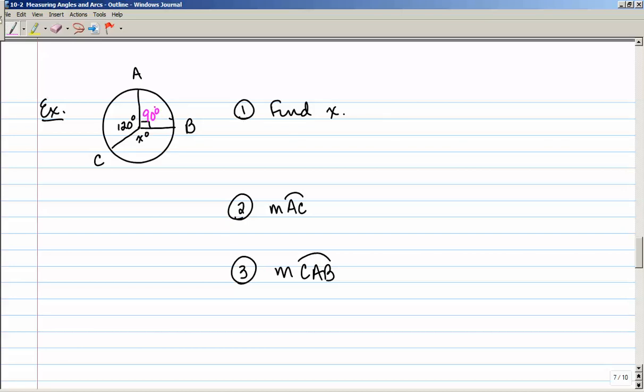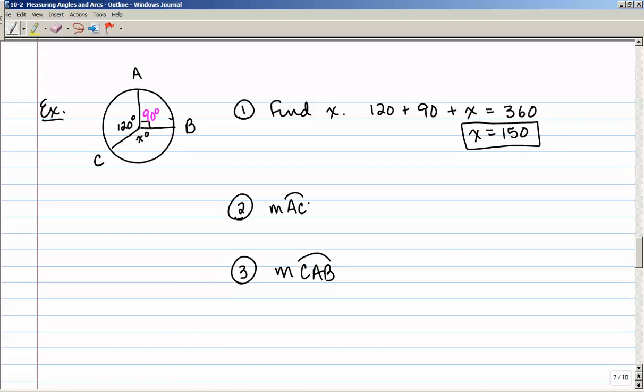So 120 plus 90 plus X, and all of those angles have to add up to 360. So X is equal to 150. So remember, that refers to the measure of this angle and also the measure of arc BC.